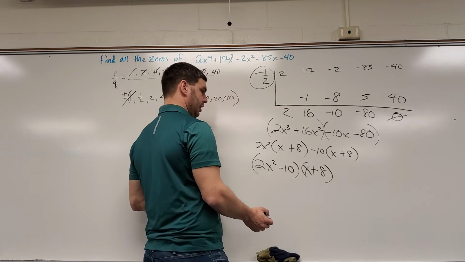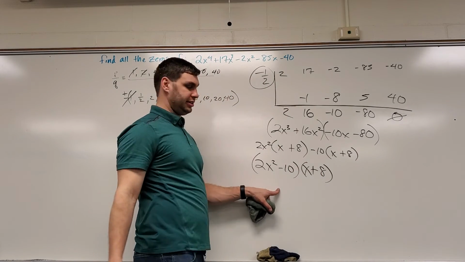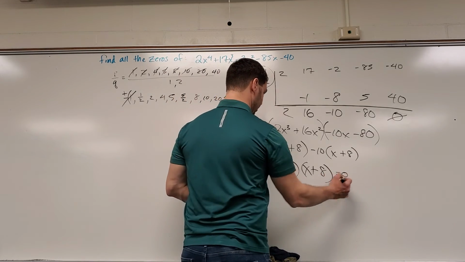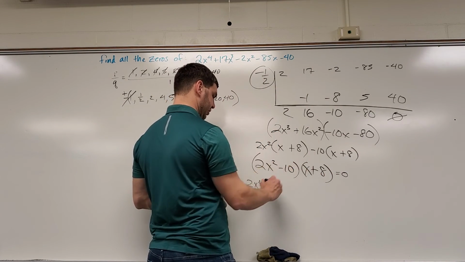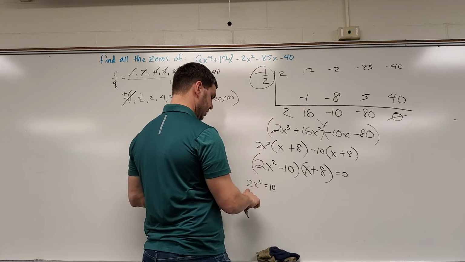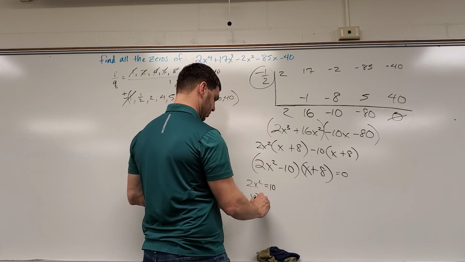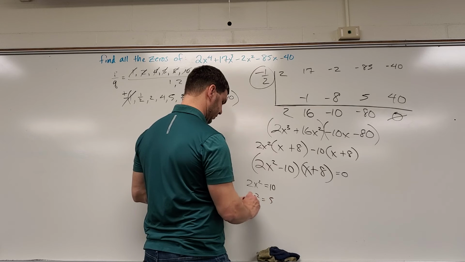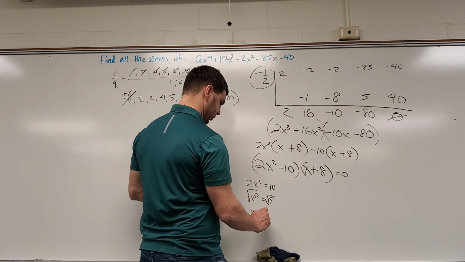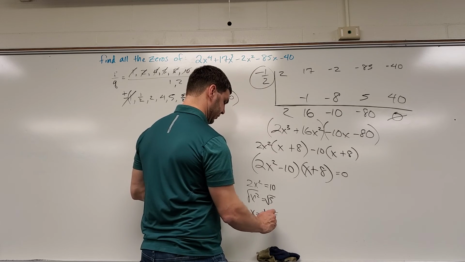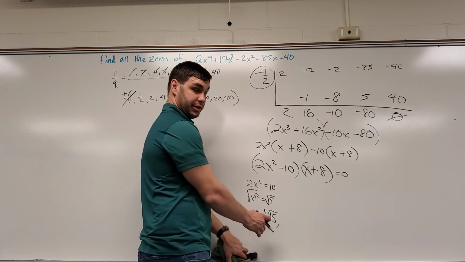All right. We want the 0, so I do have to set these equal to 0 and solve. On this one, that would be 2x squared equals positive 10, divided by 2, x squared equals 5, square root. So x equals plus or minus root 5. So those are two of my zeros.